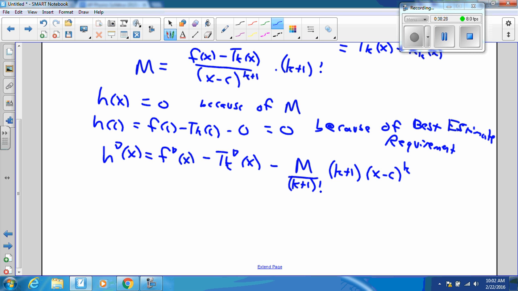So what I conclude then is I have a function with two equal values, it has a derivative, it's continuous, I can apply Rolle's theorem to it. And when I apply Rolle's theorem, it allows me to conclude that there is a t, let's call it t1, somewhere between c and x, such that h prime of t1 is equal to 0.